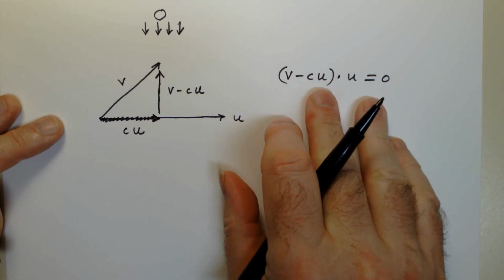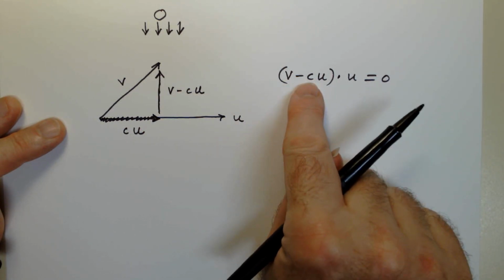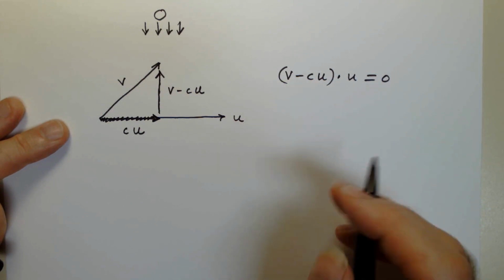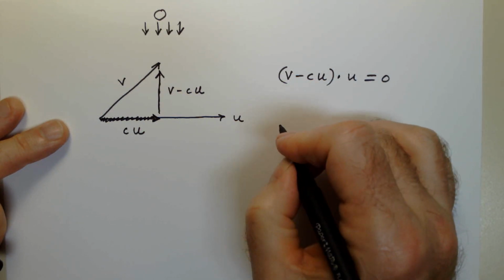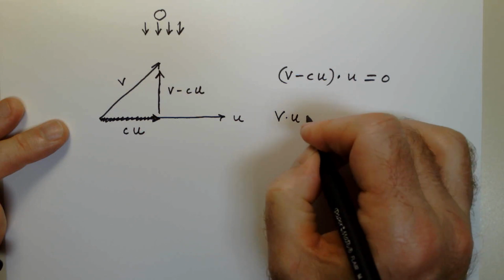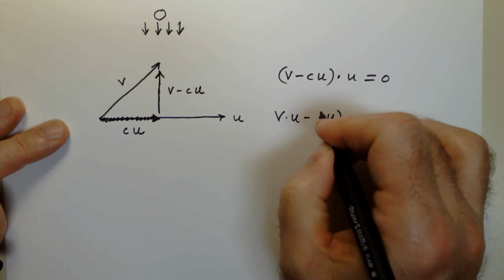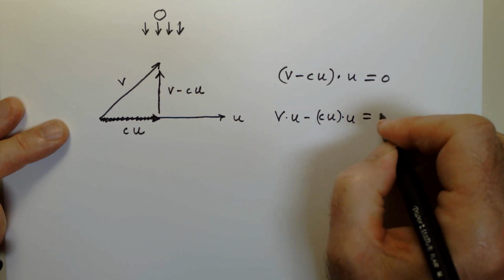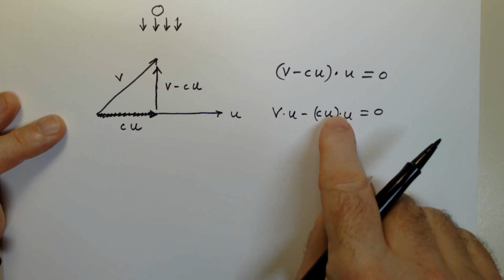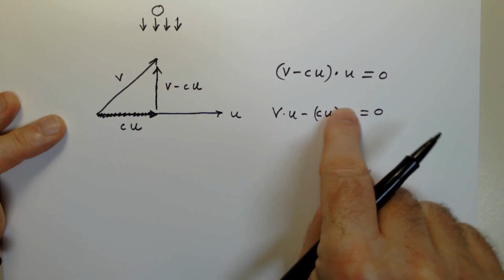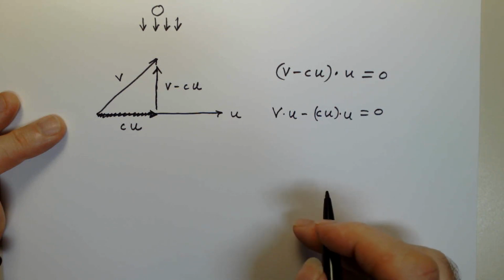Now, knowing this and knowing some properties of the dot product, we can now work out the value of c. So we can use the distributive law here. We'll have v dot u minus cu dot u has to equal 0. And now we can use our associative principle to work out u dot u first and then multiply by c.